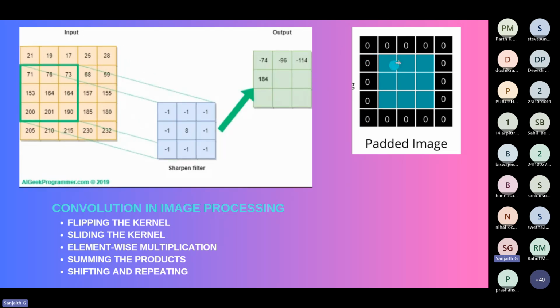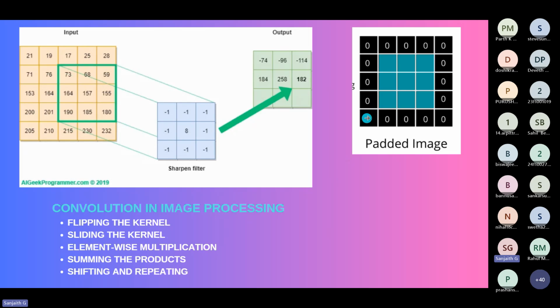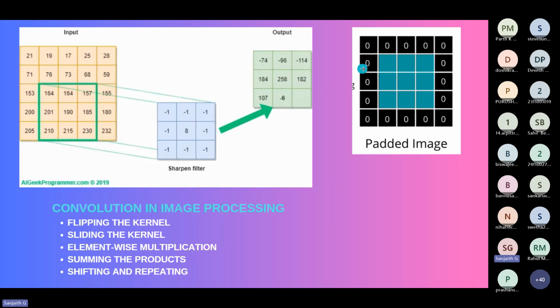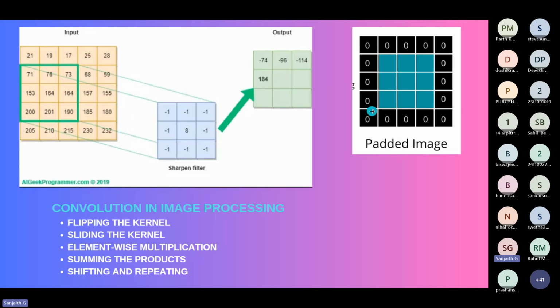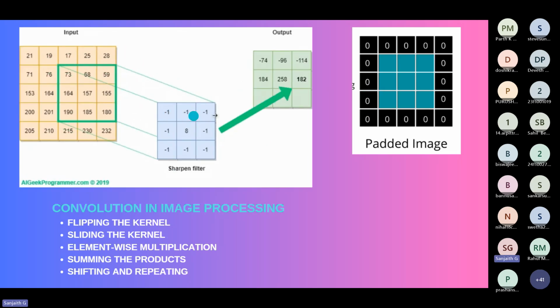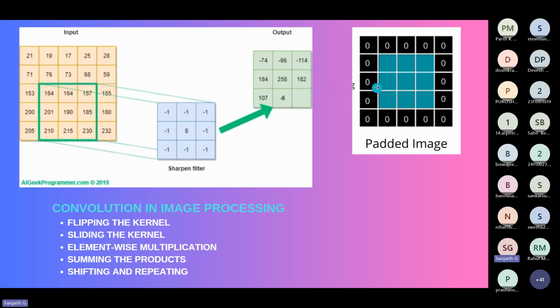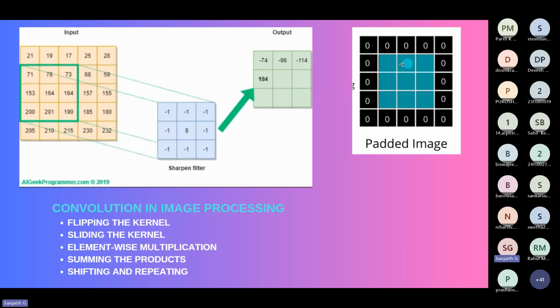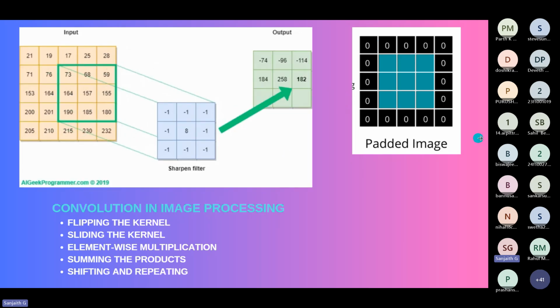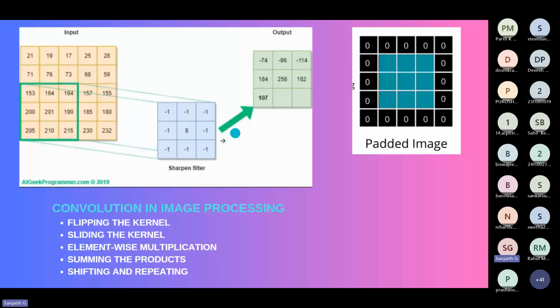If the image is 3 into 3, it creates an extra outer boundary to make it 5 into 5. It depends on what the kernel is. If it is 3 into 3, we won't miss any data, and we get the same 3 into 3 image while doing this padding. So that's what will happen here.